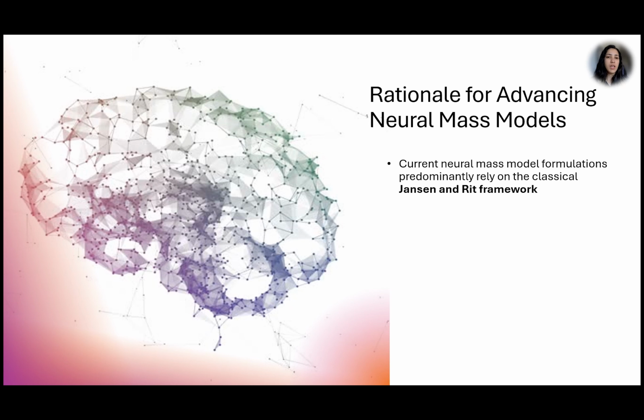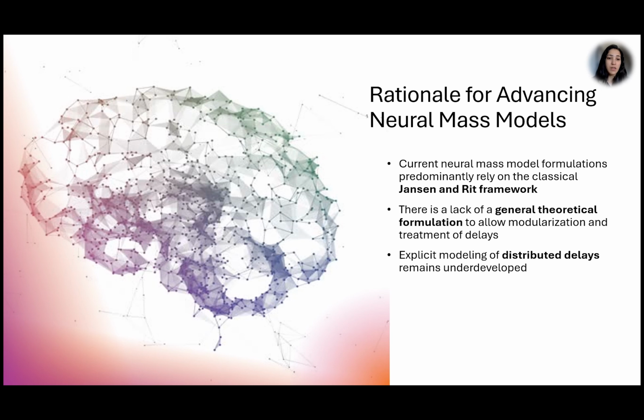This study addresses a critical gap in current neural modeling, primarily tied to the classical Jansen and Rit neural mass model. The lack of a general theoretical formulation hinders modularization and the treatment of delays, particularly distributed delays, which have not been explicitly modeled until now. Recognizing the need for improvement, we focus on algorithmic efficiency in calculating prior inputs for each neural mass.